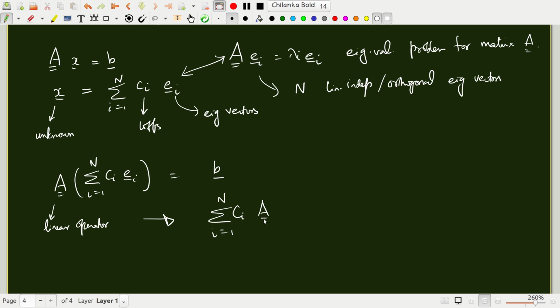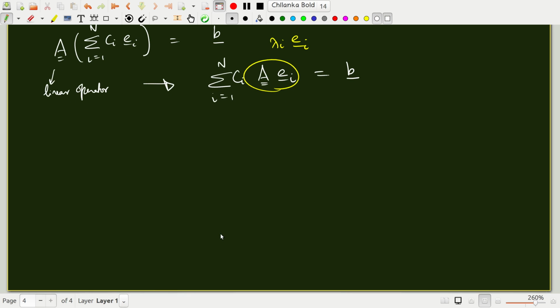Ci, these are constants, so I can write this as A Ei is equal to b, but A Ei is nothing but lambda i Ei, that's the eigenvalue problem. So I can write this as summation i is equal to 1 to n Ci lambda i Ei is equal to b, right?